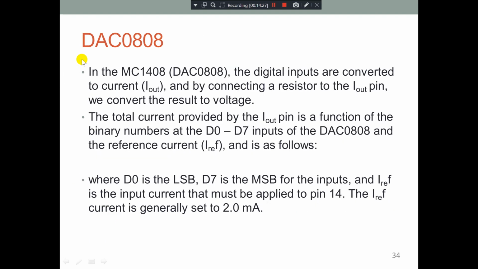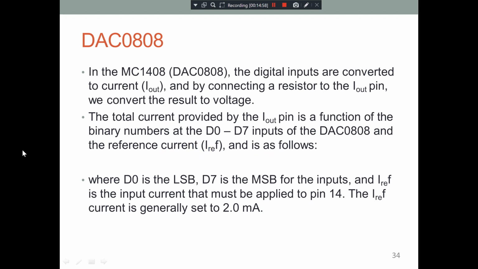Next, the DAC 0808. In this DAC, the digital inputs are converted to current, that is I output, and by connecting a resistor to the I output, we convert the result to voltage. The total current provided by the I output pin is a function of the binary number at the D0 to D7 inputs of the DAC 0808 and the reference current, I reference.